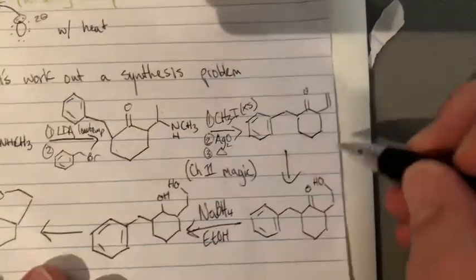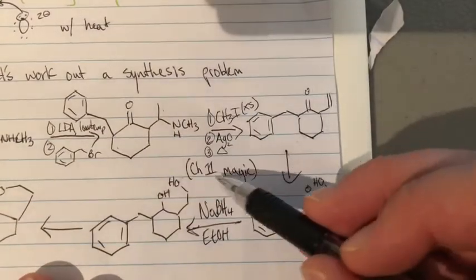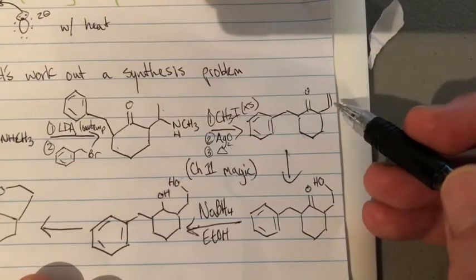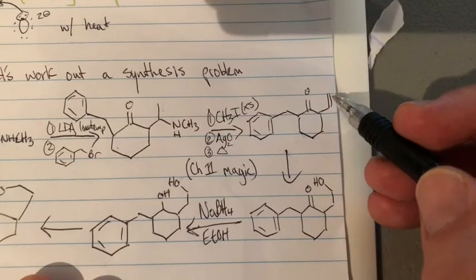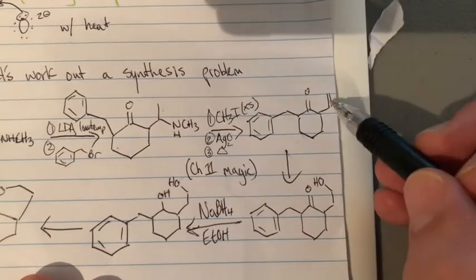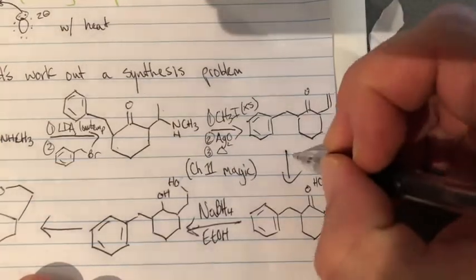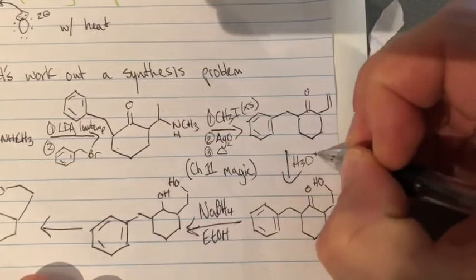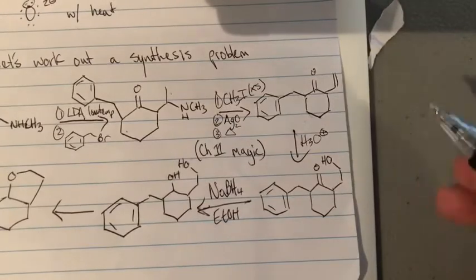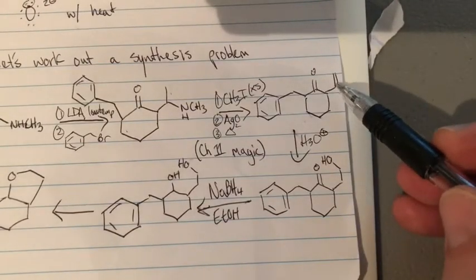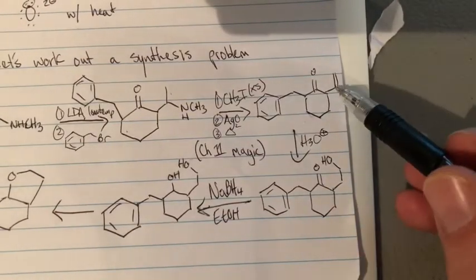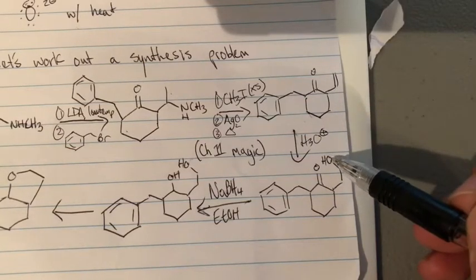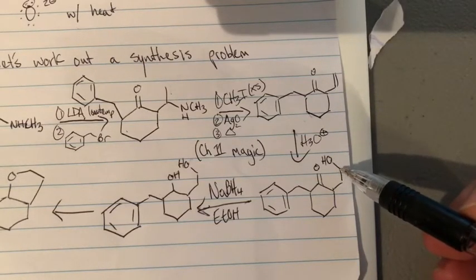All right, and something we haven't gone over just yet, we'll get into chapter 11 next time. We're going to use, under acidic conditions, let's say water. And again, I will go over this mechanism with you next time, but this is going to be an electrophilic addition. But it's going to be anti-Markovnikov.